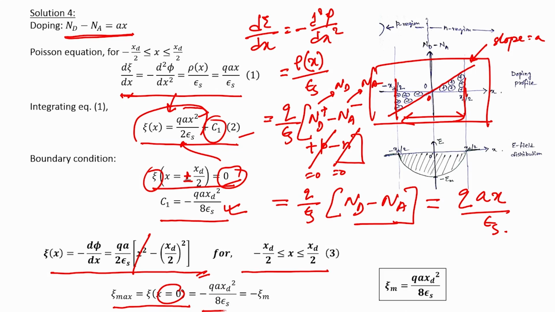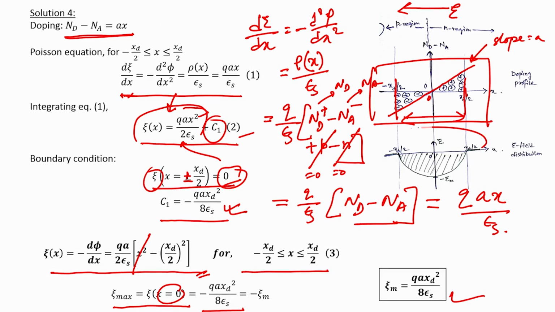It is a negative field because the field is directed from the n region to the p region. So the peak electric field is also towards the negative axis, and you can find the magnitude of the peak electric field as this.